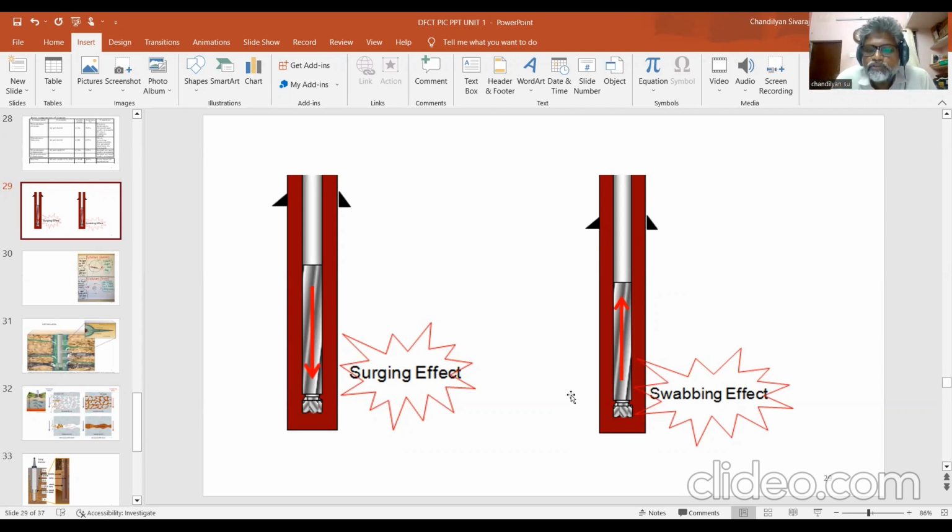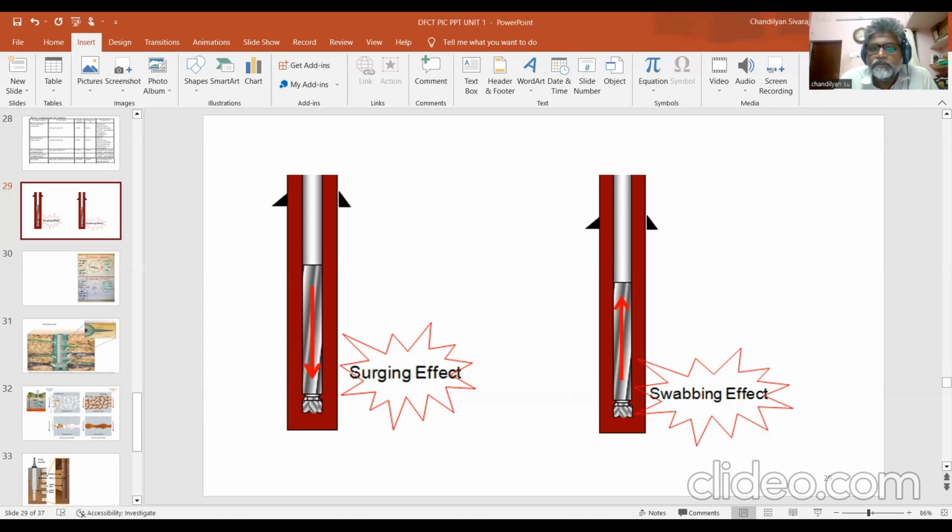When it goes up, the BHP reduces, that's the swabbing effect. And when it comes down, the BHP increases, that's the surging effect. Pressure changes because of the drill string going up and down. Specifically, what we deal with is BHP, bottom hole pressure. That's what is called surge and swabbing effect. I have written this in the additional notes also.